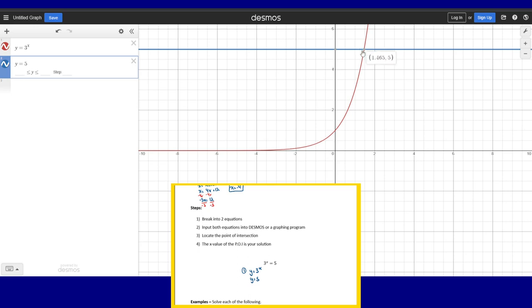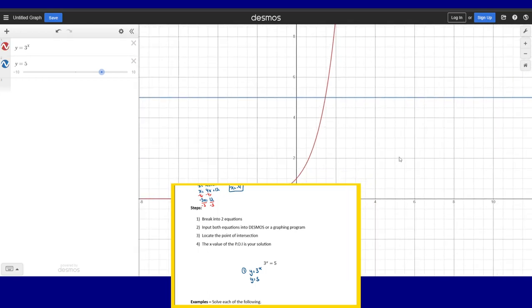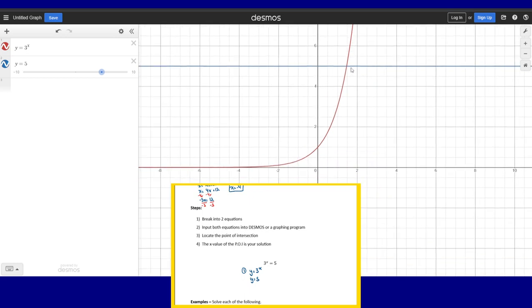Desmos will always give us a point where the graphs intersect, where we can click on it, or where the points come up. Otherwise, we might have to click on the graph or on the line itself and find it. But Desmos is nice. It does give us that point. You see it in gray. I click on it and I get my point.